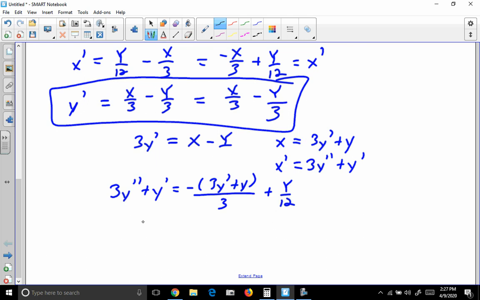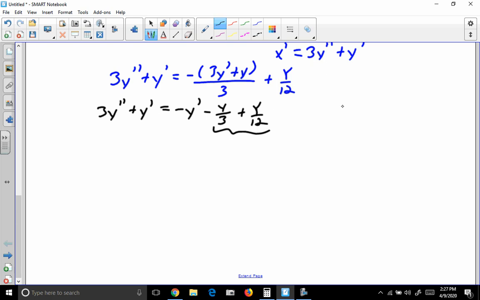So let's do a little work here. If we divide each of these by 3, 3y prime over 3, the 3's would cancel, leaving us minus y prime, minus y over 3, or we could call that 1/3 y, plus y over 12, or we could call that 1/12 y.